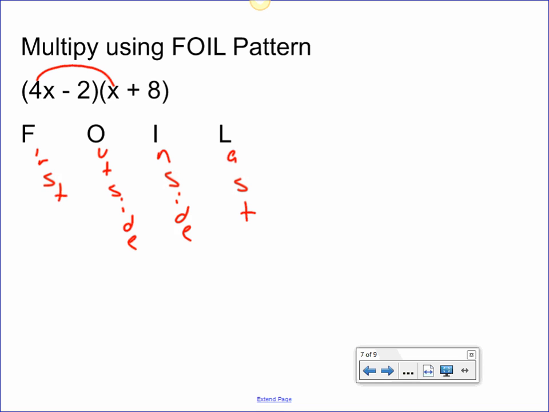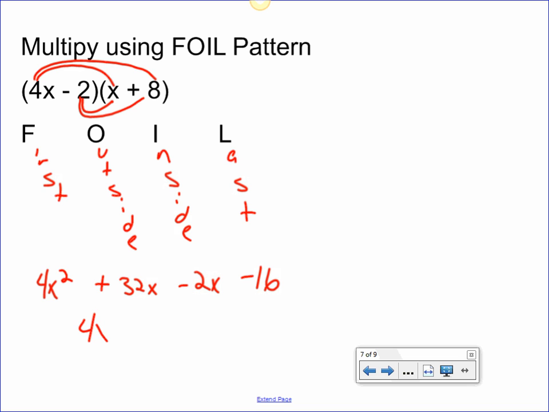Those are our first in each binomial, so if we multiply those, you get 4x squared. The outside would be referring to the 4x and the 8. If you multiply those, you get a 32x. The I stands for the inside, which would be these two, which would be a negative 2x. And the last would be these two, which would be a negative 16. So you'd still get 4x squared plus 30x minus 16.